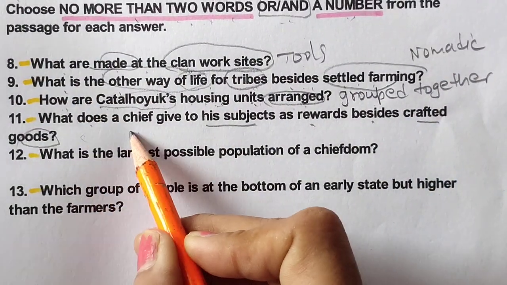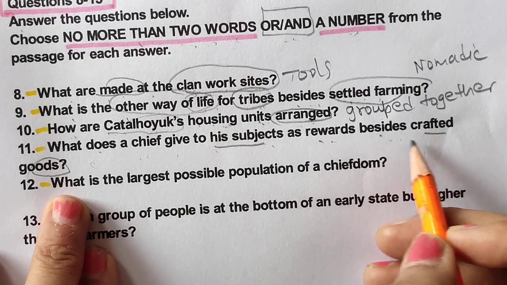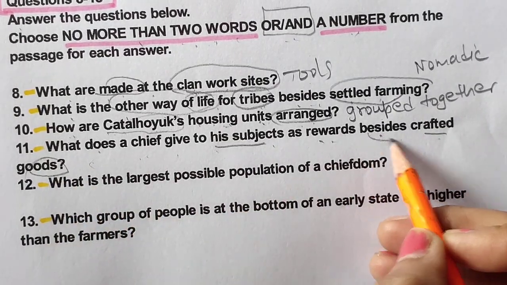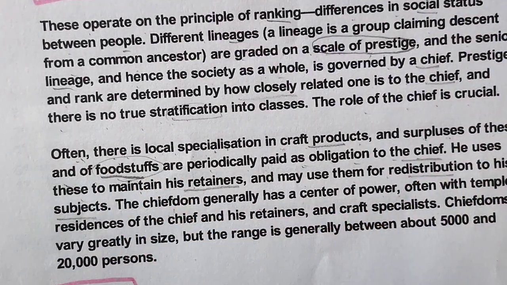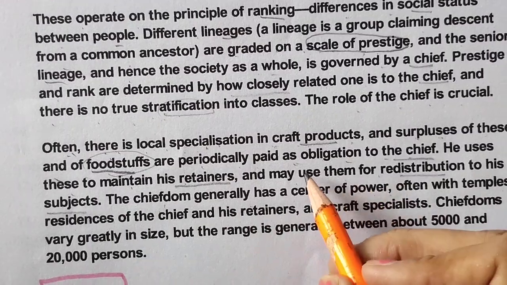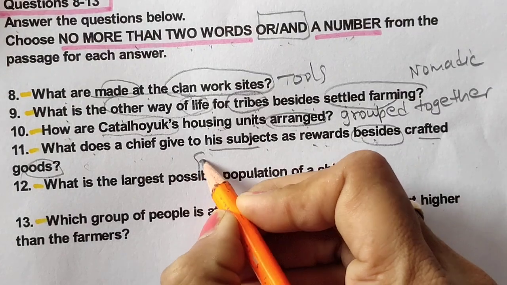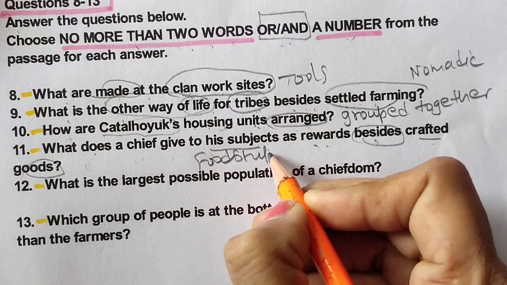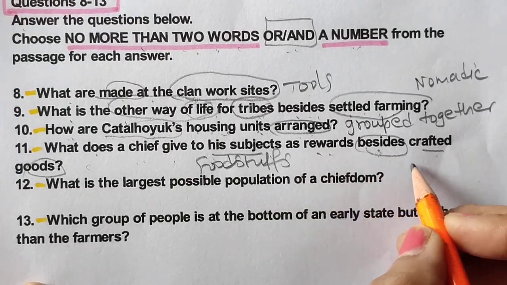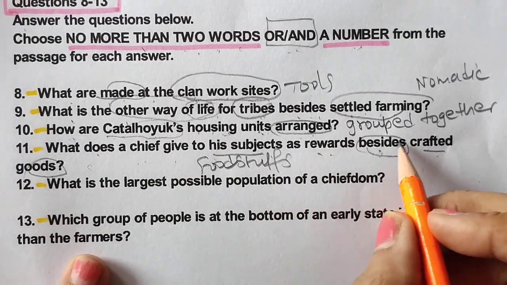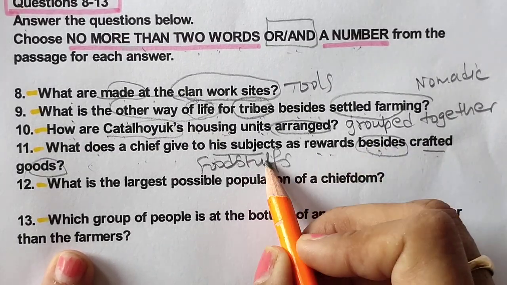Besides crafted goods, I can see foodstuffs only, used for redistribution to his subjects. So I will write foodstuffs. Besides means one thing is this, and the other thing we have to find.